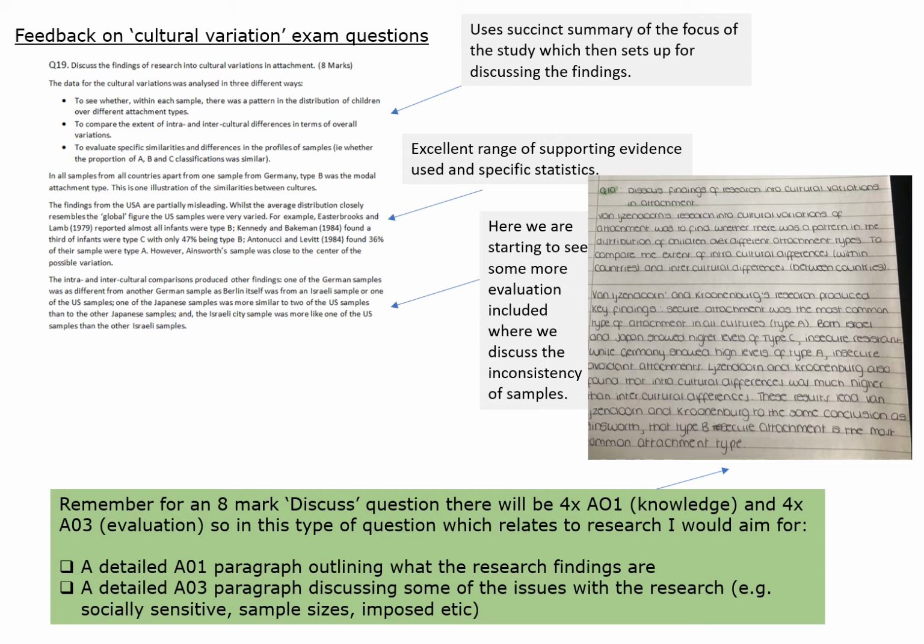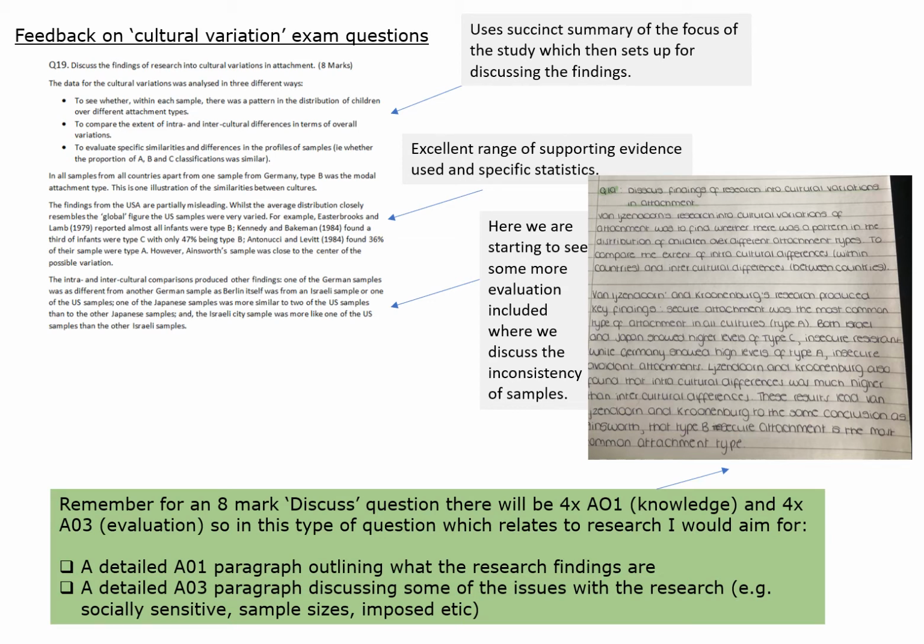So a couple of examples here. We've got one from Kelsey, on the left hand side of the screen, and she provided a lovely, really succinct summary at the start of her answer. So that's where she's getting her AO1, her knowledge marks in. She clearly had the Van Ijzendoorn study in mind, which is what I would expect you to have, because this was a cultural variations question, and that set her up nicely to then discuss the findings, almost in that bullet point approach, which is fine on an 8-mark question.